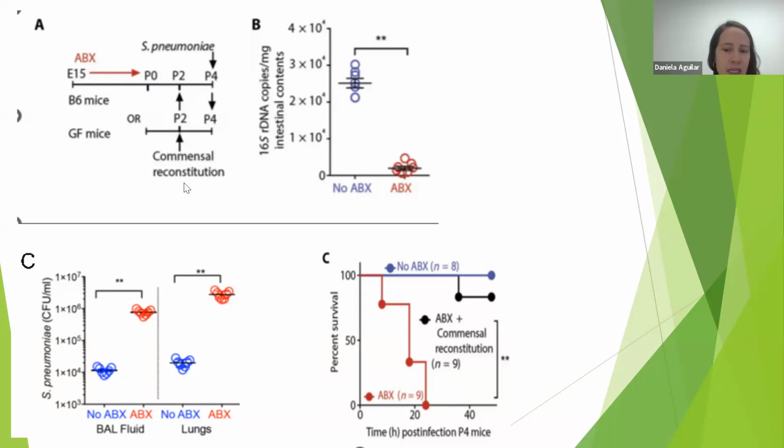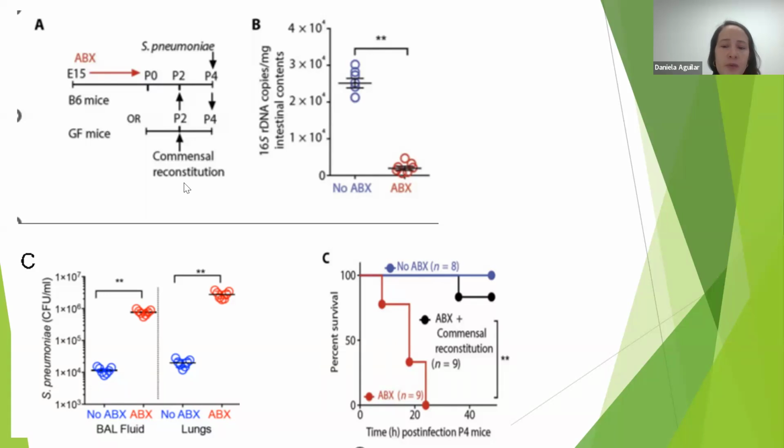In figure C, 6 hours after infection with Streptococcus pneumoniae, they observed an increased bacterial load in the lungs, in the BAL fluid, in the antibiotic-exposed mice, represented in red. They also observed decreased survival in newborn mice exposed to antibiotics, represented in red, as compared to mice that were not exposed to antibiotics.